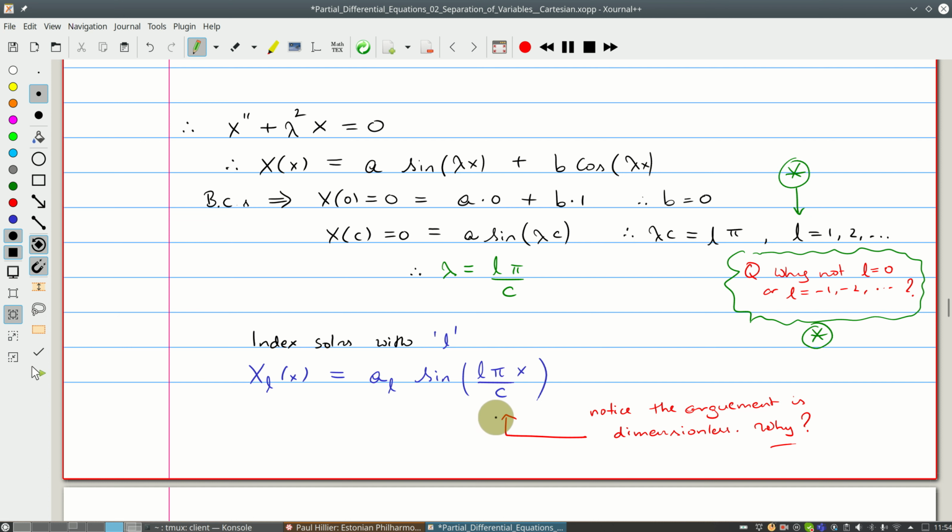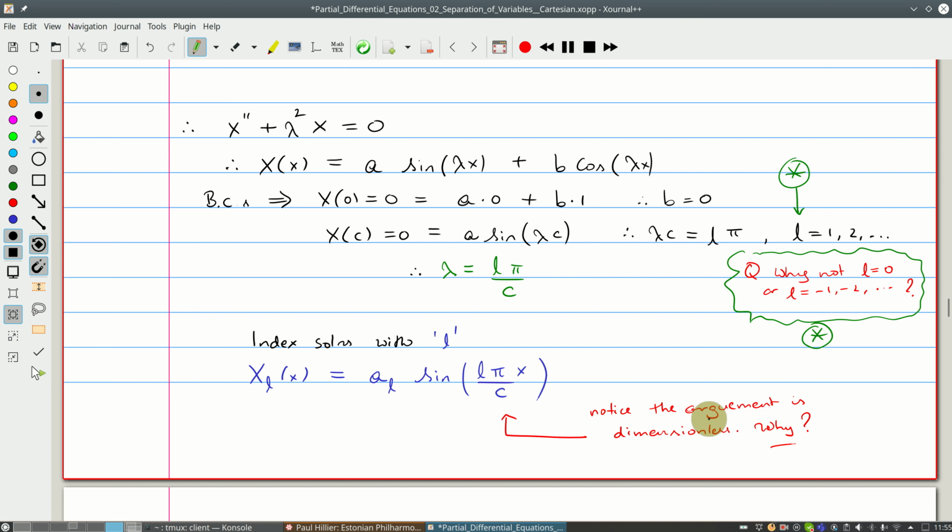And this is something you're going to see almost all the time. When you've got your arguments of functions like the sine correct, they will be dimensionless. The question is why? One way of looking at it is that you can expand the sine as x minus x cubed over 3 factorial plus x to the 5 over 5 factorial, etc. If x has dimensions, then the first term has dimensions of length, the second term has dimensions of length cubed, the third term has dimensions of length to the 5.